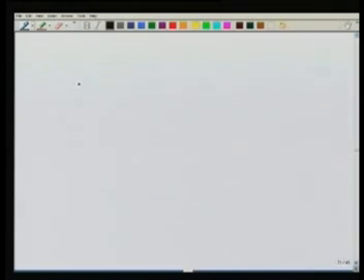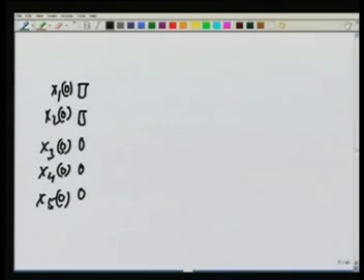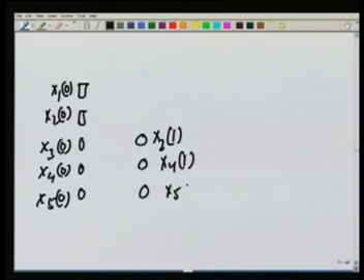So, the best way to look at it is like this. I have these 2 input nodes and this is the initial state. So, this is x1 0, x2 0, and these are all initial states. Based on this initial state, the new states are x3 1, x4 1, x5 1.